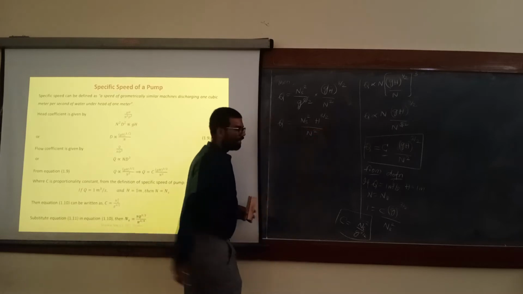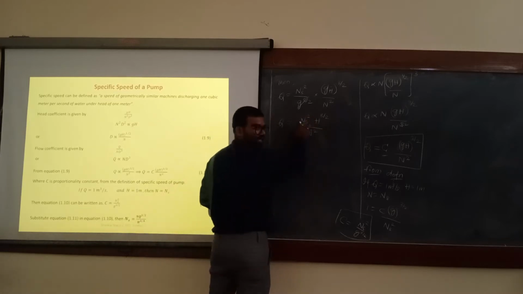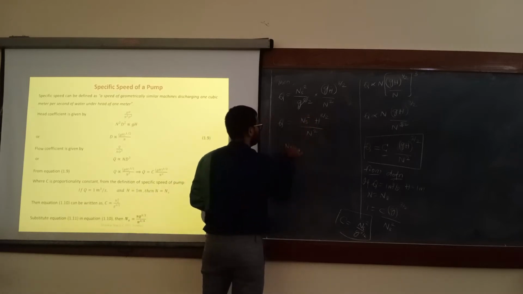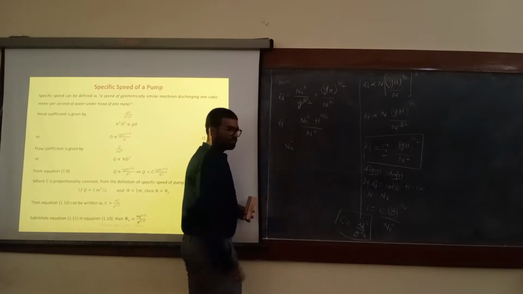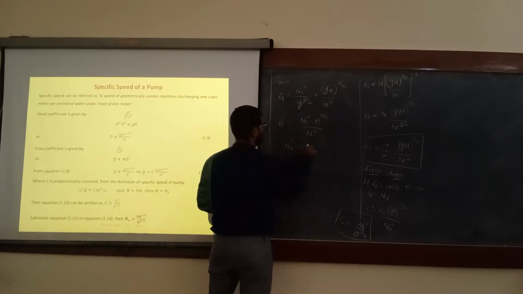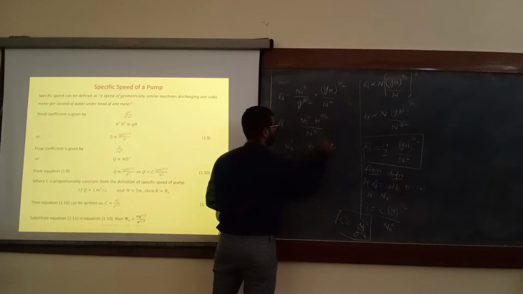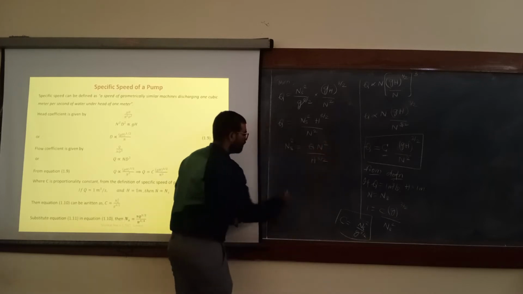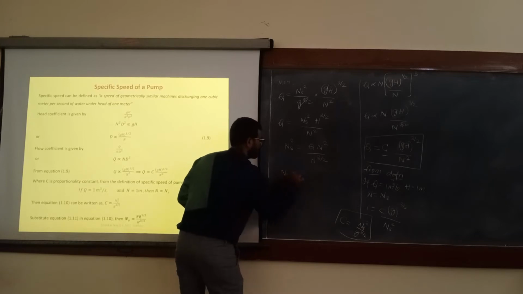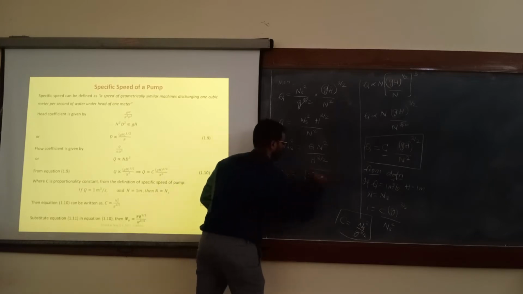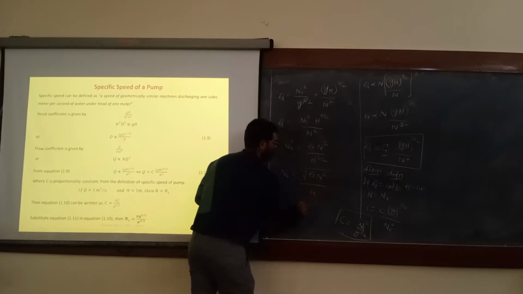We need to get the value for specific speed. Ns square is equal to Q N square by H to the power of 3 by 2. Or what is Ns? It is the square root of Q N square by H to the power of 3 by 2.